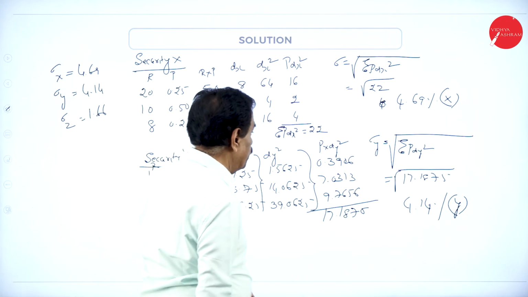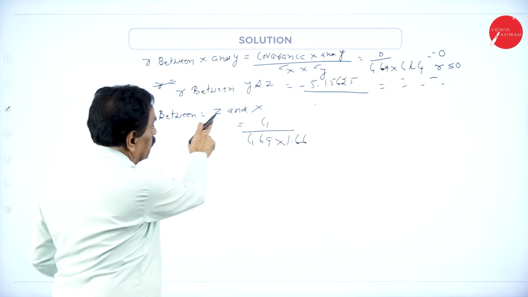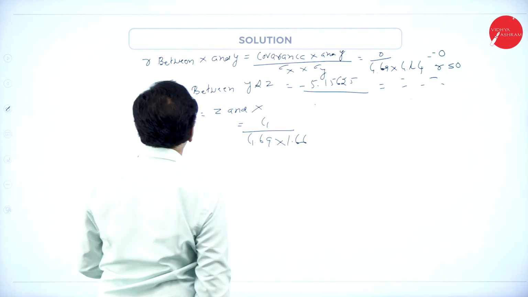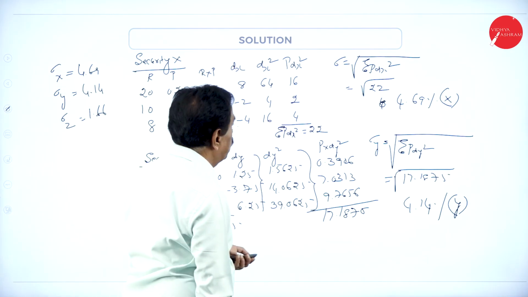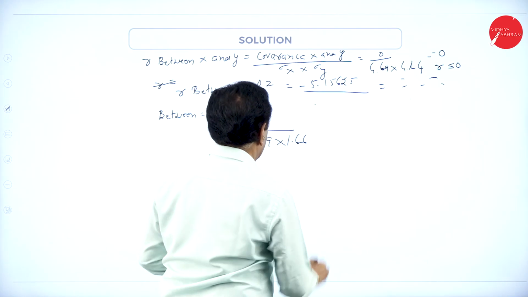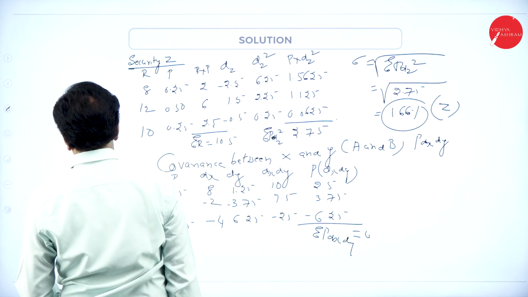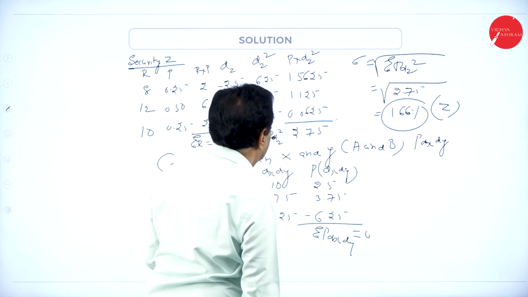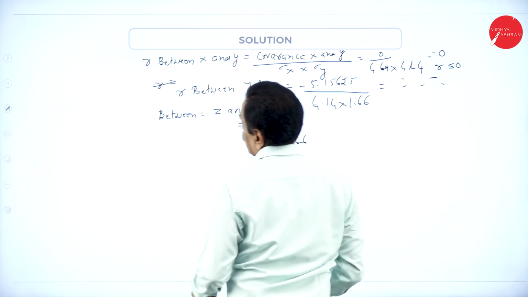This is important. Now come back here. We are doing here between y and z: standard deviation of y 4.14 into standard deviation of z 1.66.